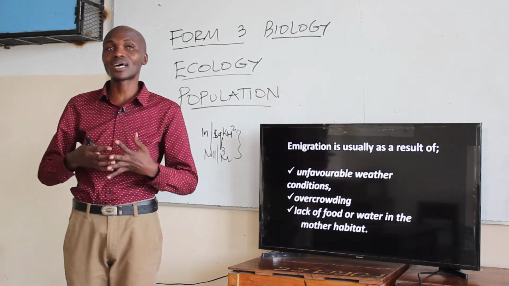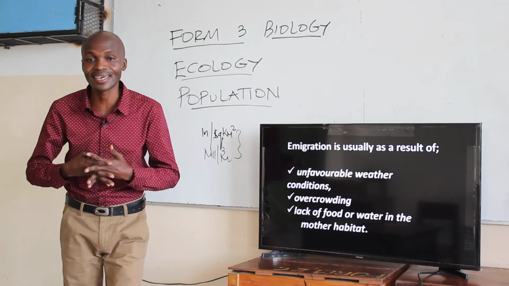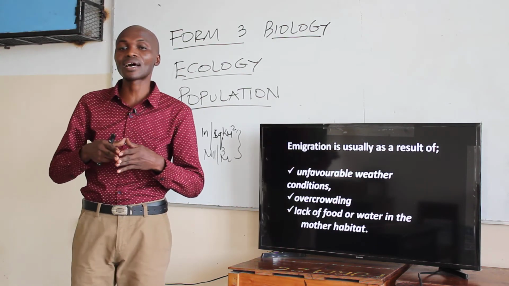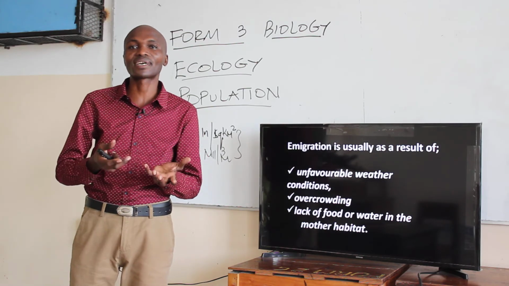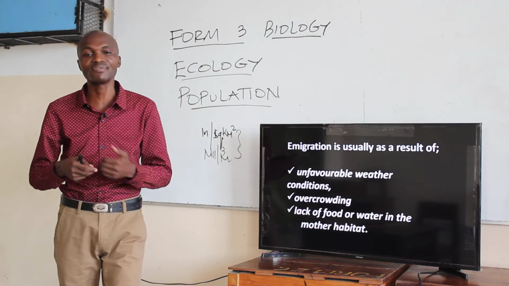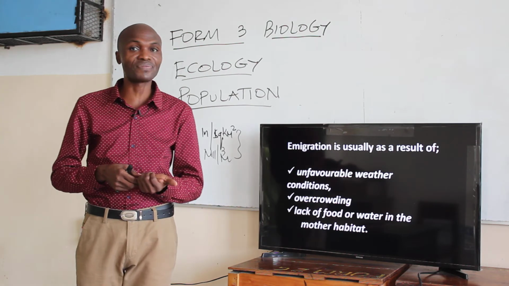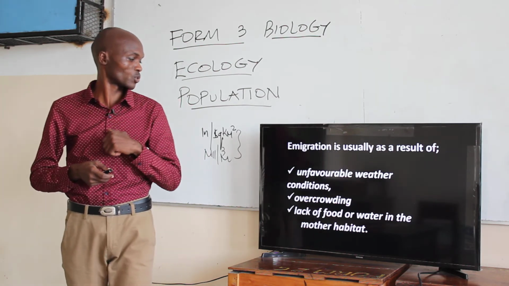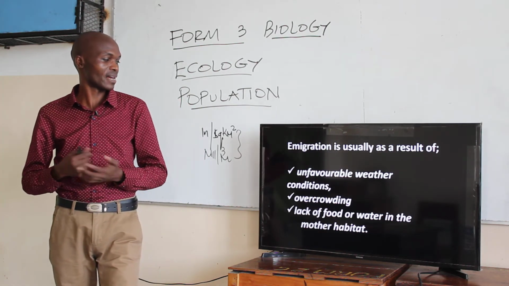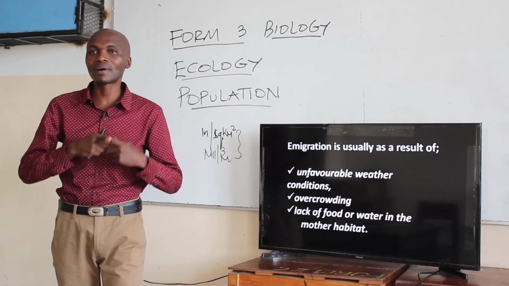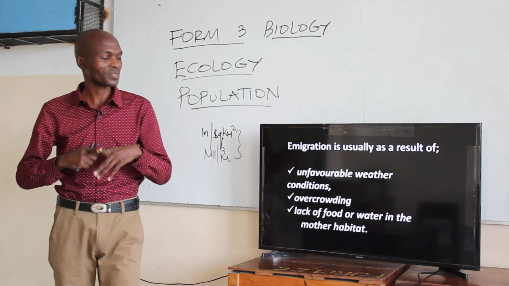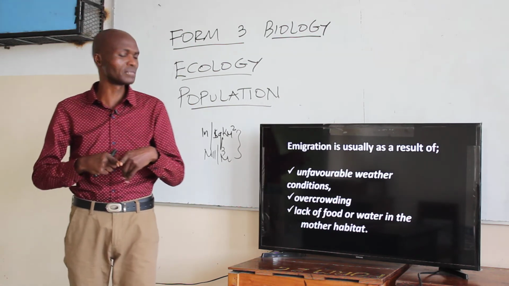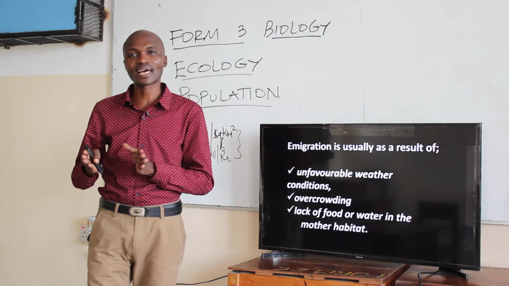If the population has increased to such a large size that so many members occupy a very small volume, then overcrowding results, and some could leave to look for other habitats. The third factor that can cause emigration is lack of food and water. If the mother habitat has insufficient food and water supply, then these organisms will definitely leave that habitat and search for another habitat.